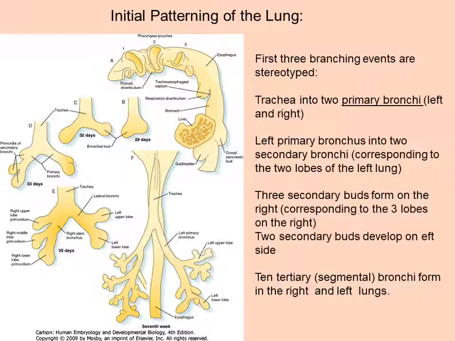Ultimately these secondary bronchi divide into tertiary bronchi or segmental bronchi, 10 for each lung. So we can see how these numerous divisions of the respiratory tree are taking place with the expanding thoracic cavity, which is responsible for accommodating the increased volume of the lung.